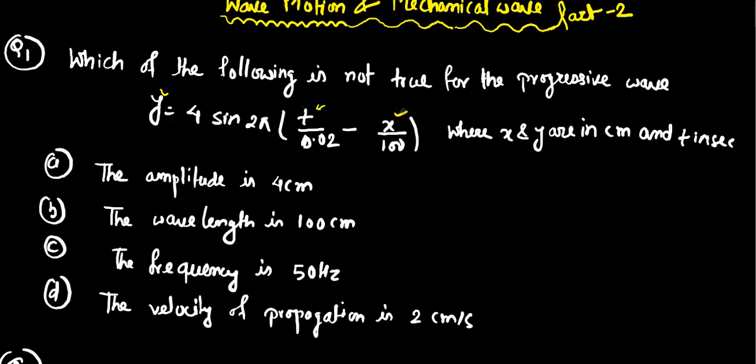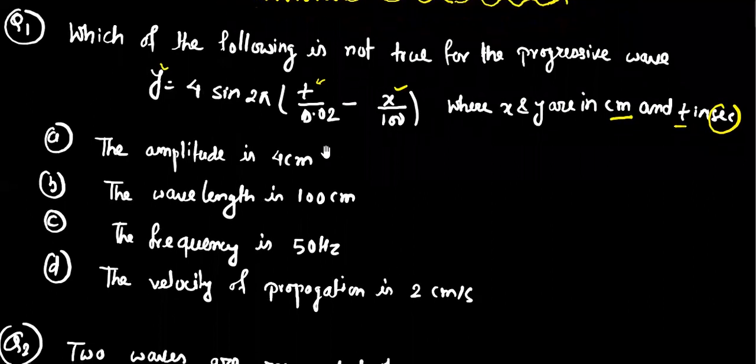These two parameters are given in centimeter, and time is given in seconds. These are the provided data for this particular question. So which is not true? We are here to focus on which expression or which option is not true, as that is the correct option for this question.